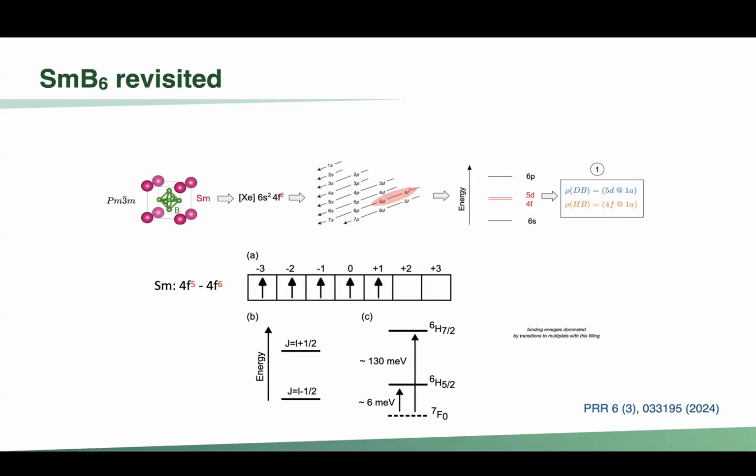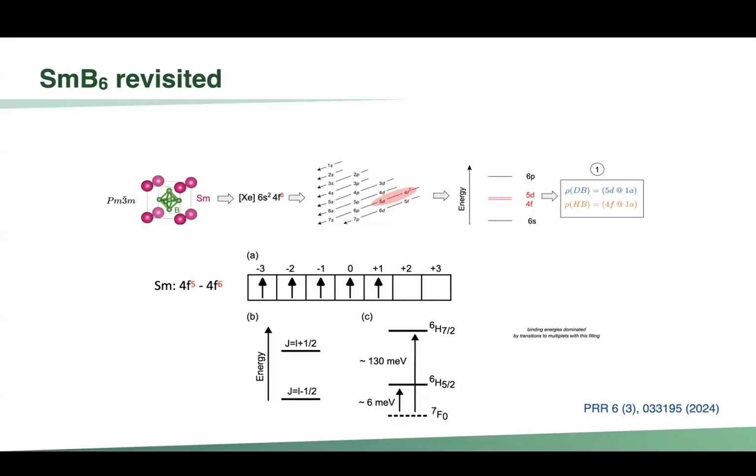So samarium is very interesting to study because it has 5d and 4f electrons that are quite isolated from the rest of the s and p orbitals, and it's a mixed valent compound, which means that the filling oscillates between f5 and f6. And this filling is very convenient for us because it's 2 electrons short from the half filling.